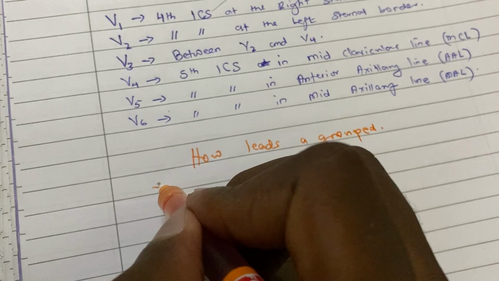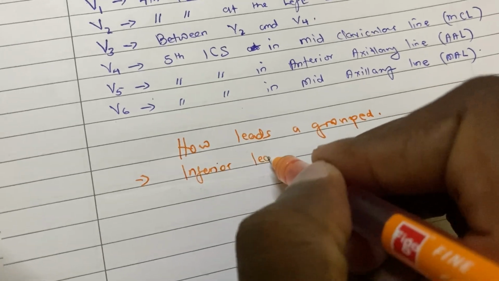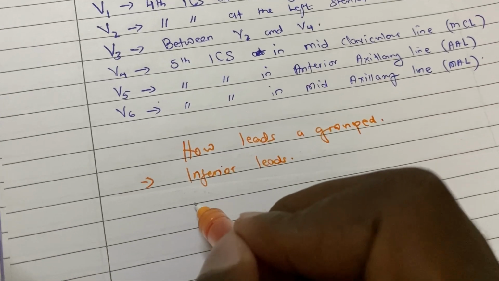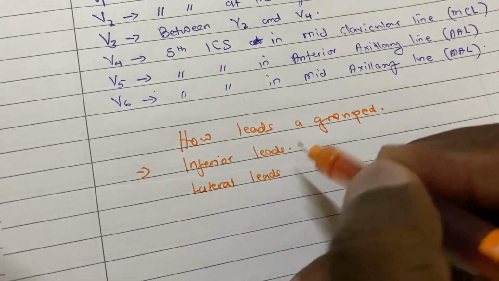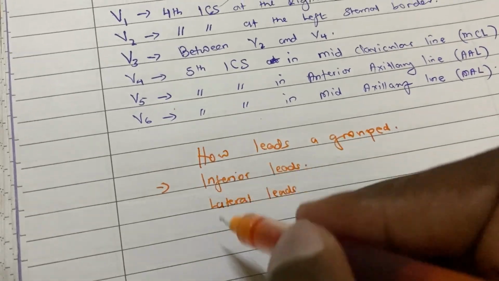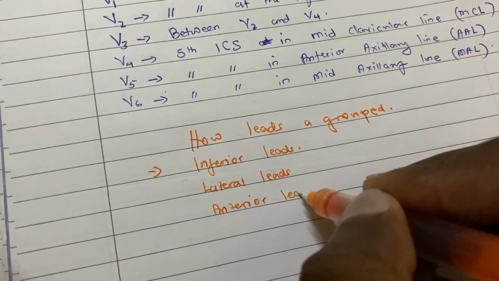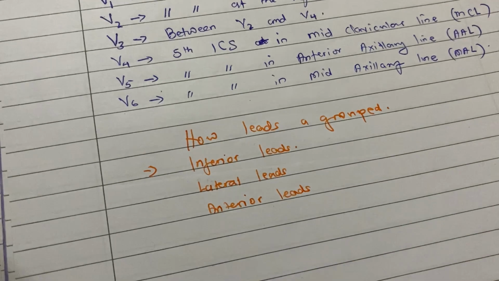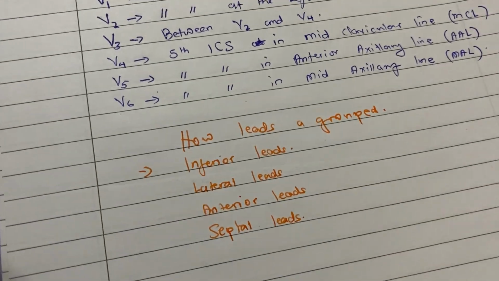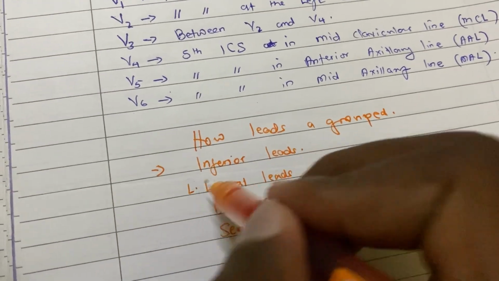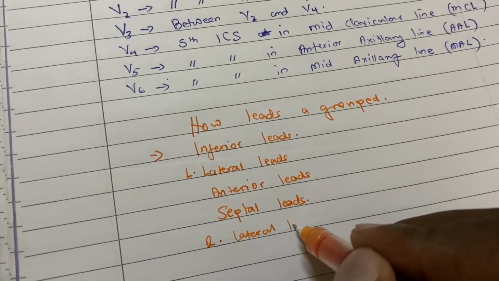We have inferior leads, lateral leads, that is left, and then anterior leads, and then septal leads. If we say left lateral leads, then we can say right lateral lead.